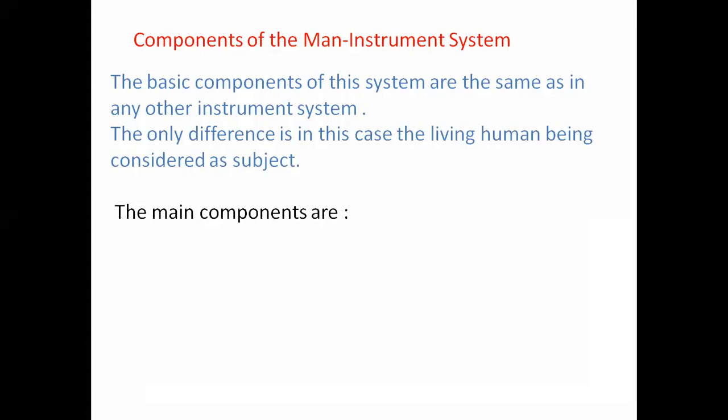Generally, we can measure temperature, blood flow and blood pressure. For measuring these parameters we require an instrumentation system, which is the biomedical instrumentation system or man instrumentation system.